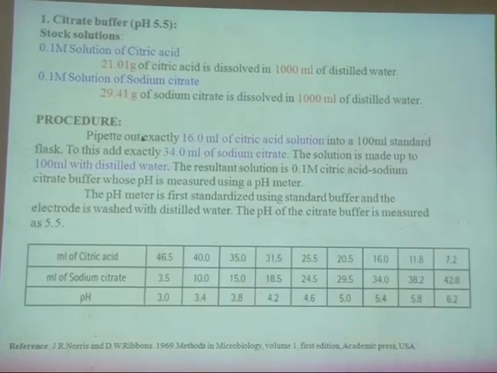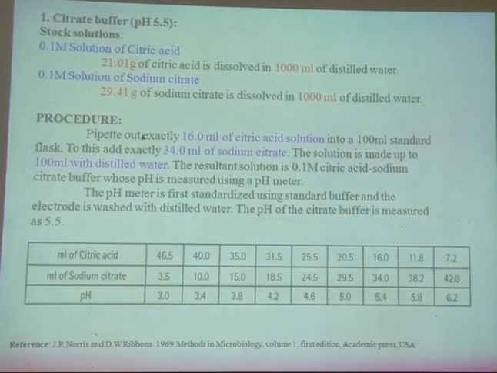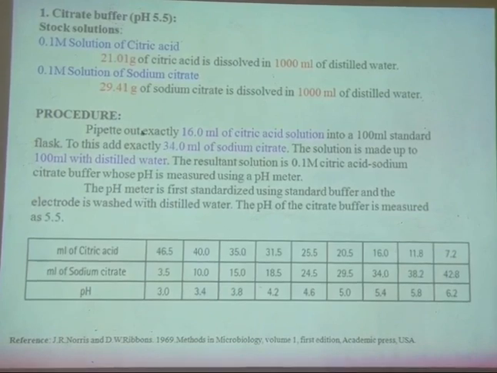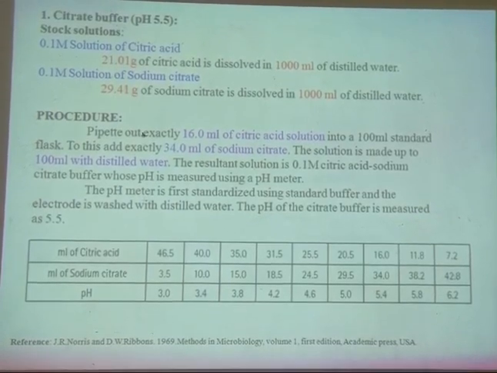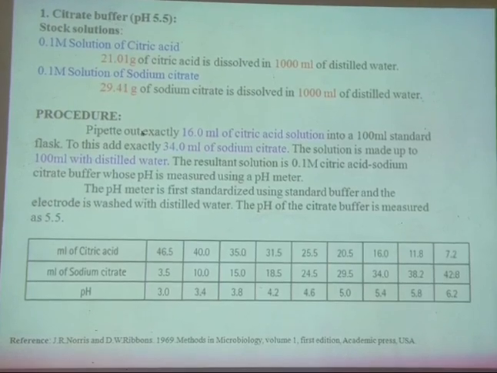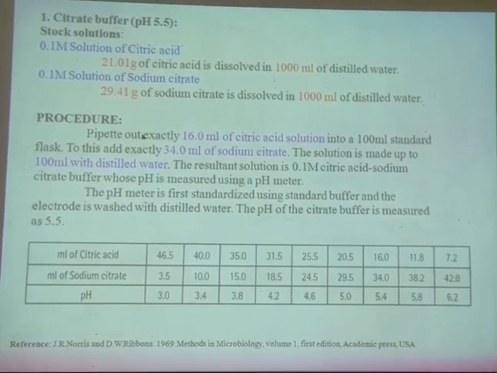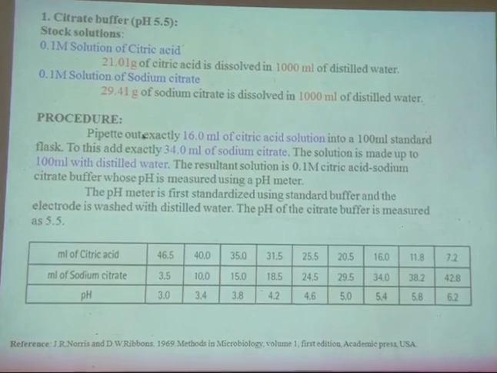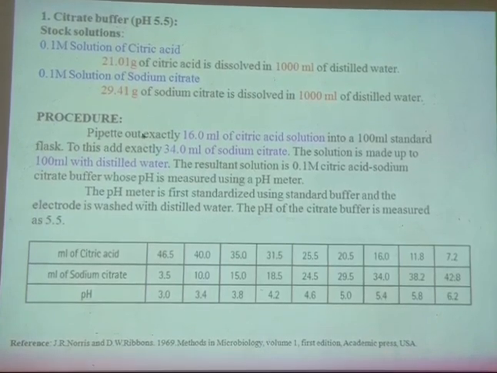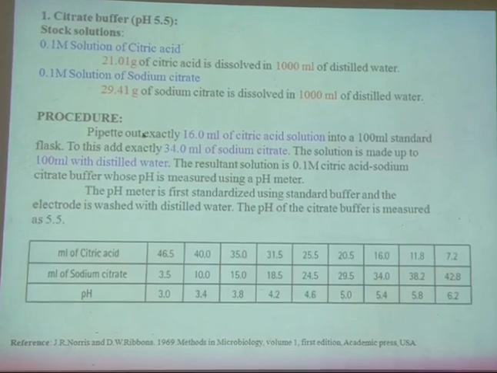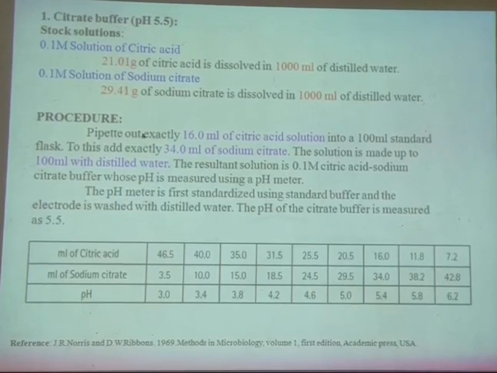So one by one we have taken the 5 different buffer systems. If you want to prepare any buffer system, we have adopted the reference of the biological standard buffer system published in 1969 in Methods in Microbiology Volume 1, first edition, by Norris and Ribbons. They are the pioneers.